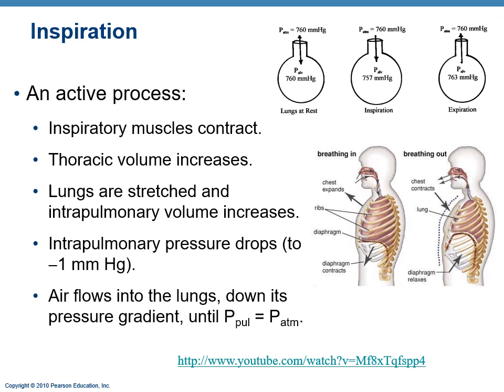This allows air from outside the body, under that 760 millimeters of mercury, to easily flow passively into the lungs down its pressure gradient until the intrapulmonary pressure in the lungs equalizes with atmospheric pressure.